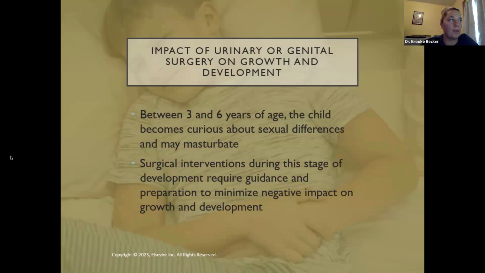So if they have to have urinary or genital surgery, especially between the ages of 3 to 6 years, a lot of times their puberty is going to be delayed. And you have to think, kids who are 3 to 6 years of age are starting to notice the differences between boys and girls, and they're getting more curious about those differences and about themselves. So masturbation might be a normal occurrence in this age group.